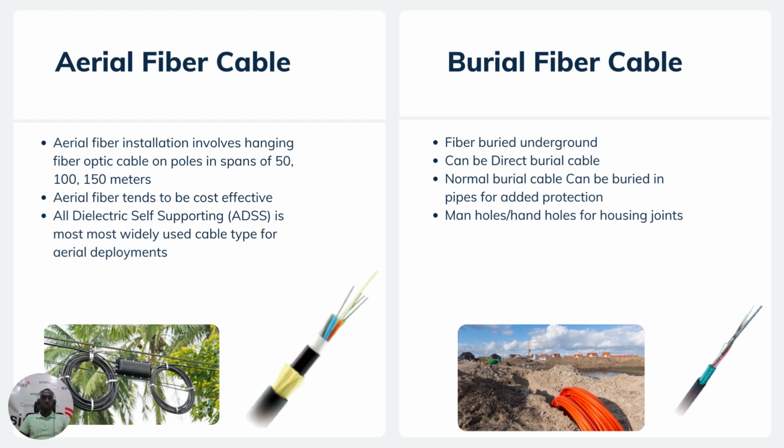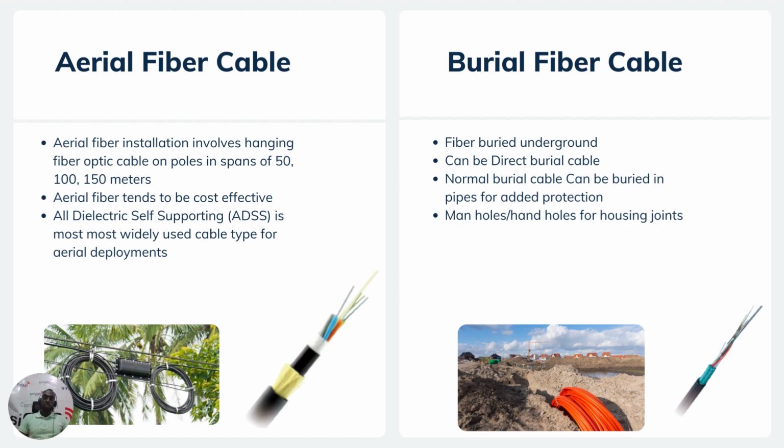Then we also tend to see aerial fiber being what we call ADSS, which is a version of fiber with a non-metallic construction. You tend to have this because typical deployments are alongside electric lines. So we always want ADSS cable because there is little to no risk of electric shock in case the cables get in contact with electric lines.